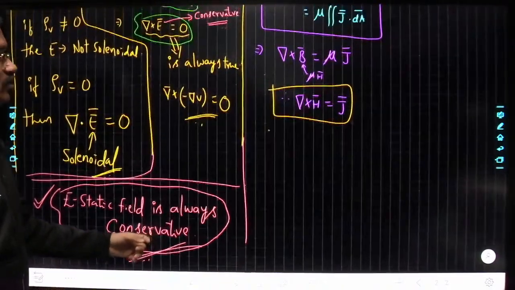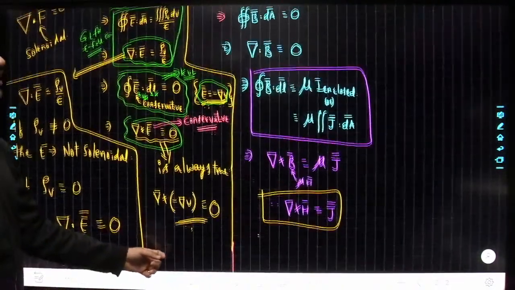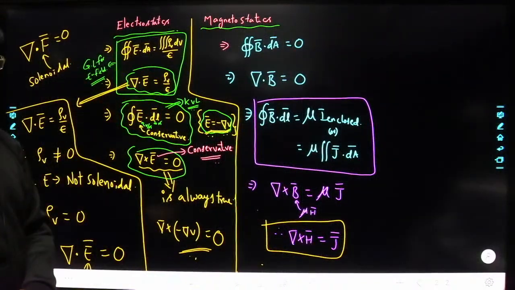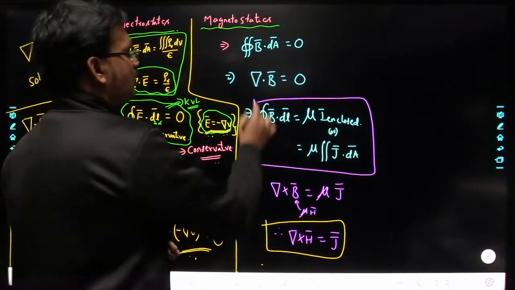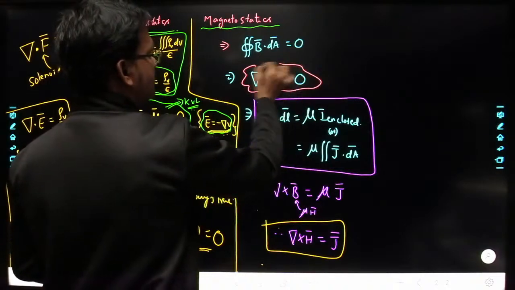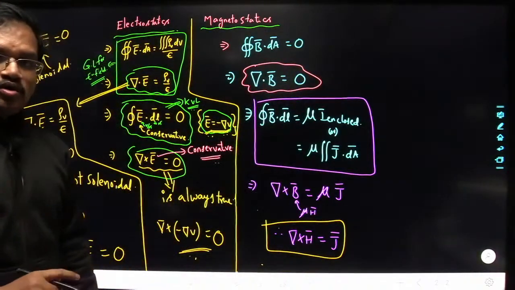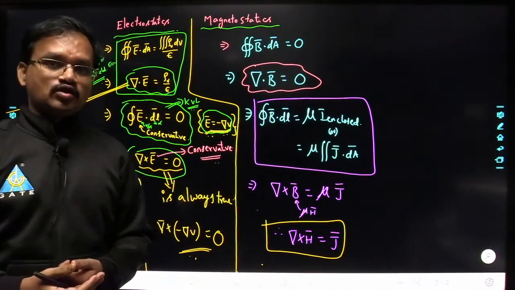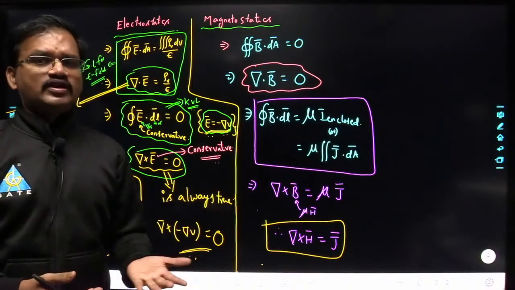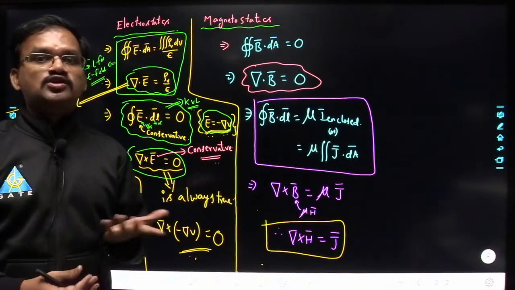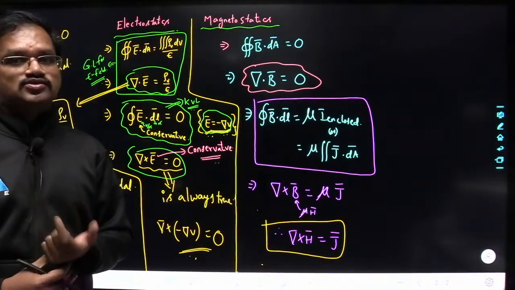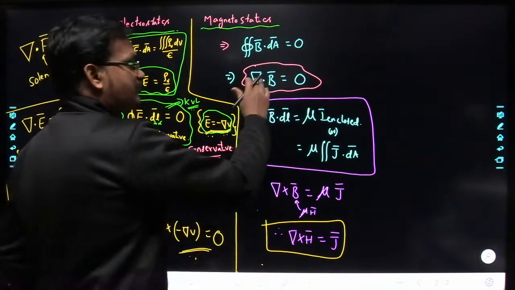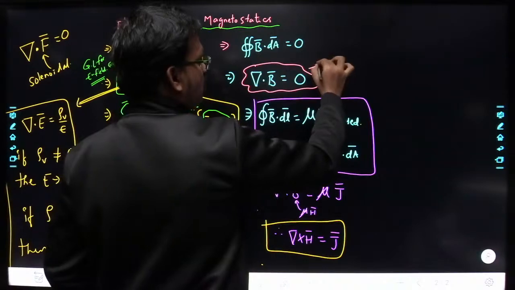Now coming to magnetostatics. These are the expressions we got. Here we have divergence of B bar is equal to 0. If divergence of any vector field is equal to 0, then that vector field is said to be solenoidal. So divergence of B bar is equal to 0 is always true.